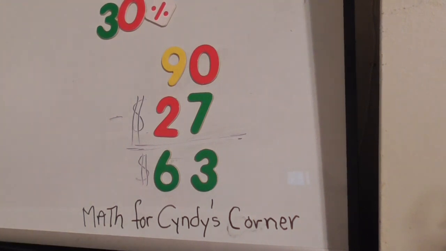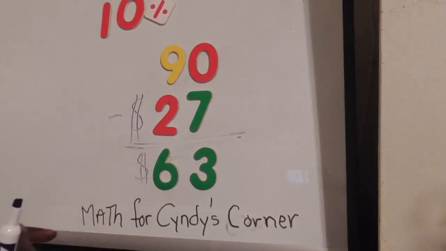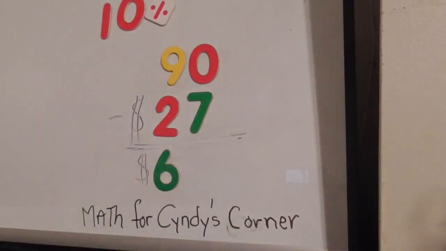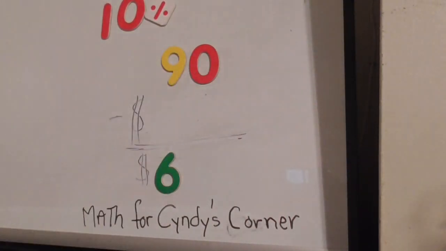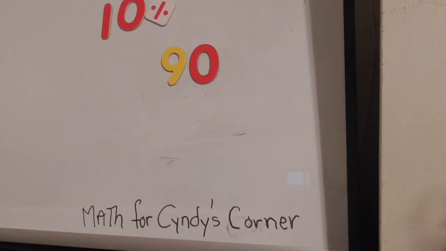In everyday life, you can use math, and it'll help you. Now let's say the $90 dress says we're going to take 10% off the $90 dress.